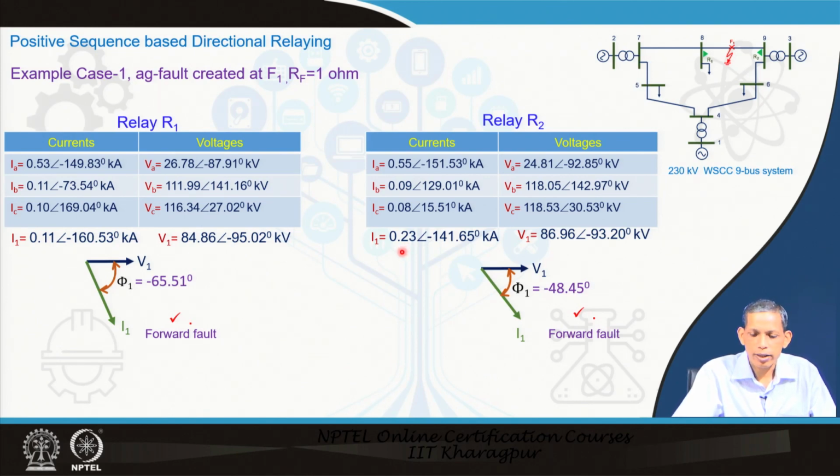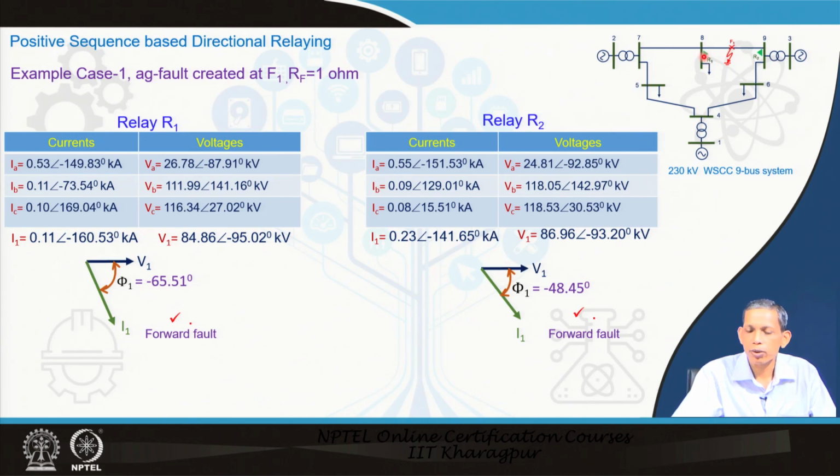So, let us see an example for the 9 bus system, which we have already discussed in case of the phase quantity based directional relay. The relays R1 and R2 are there at bus 8 and bus 9 for the line section 8 and 9. Fault is at F1.